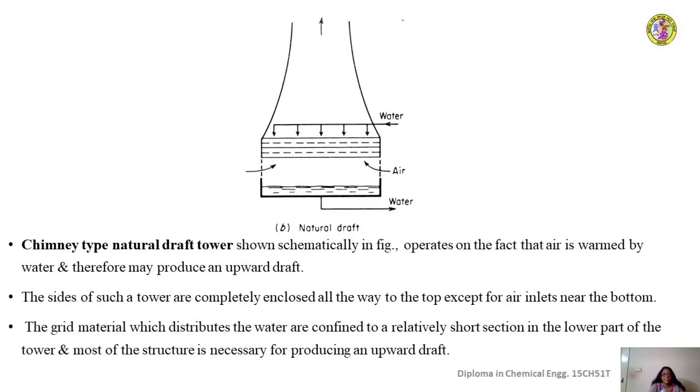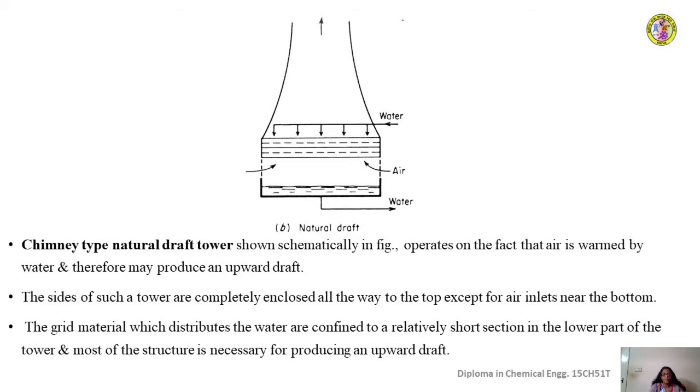So this is the second type of natural draft cooling tower. It is also called a chimney type cooling tower because of its design. The upper part of the tower just resembles the shape of a chimney, as schematically shown in this figure.